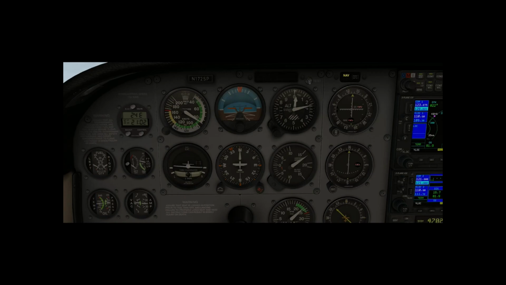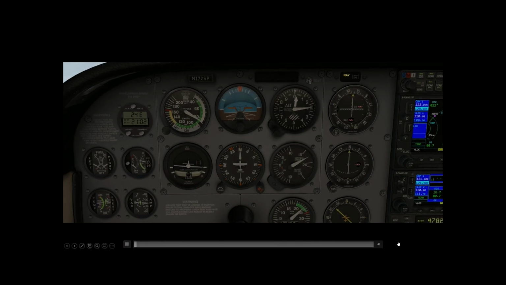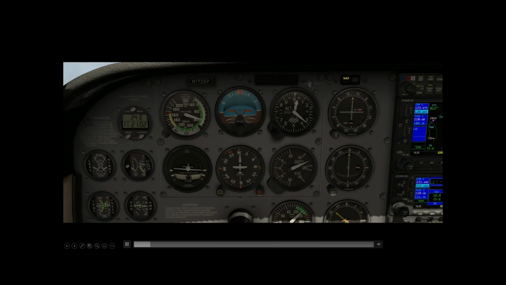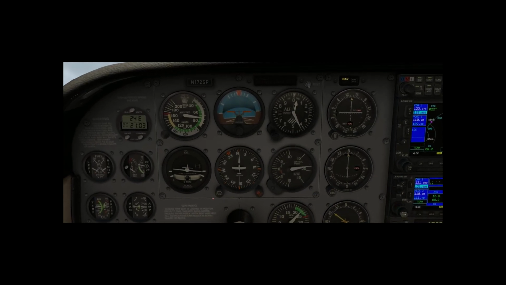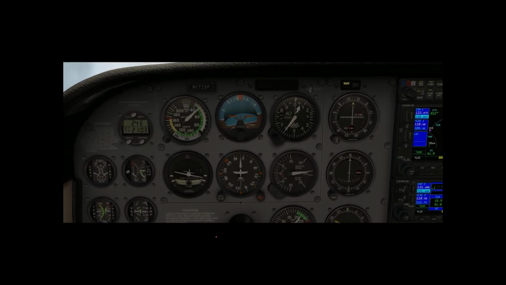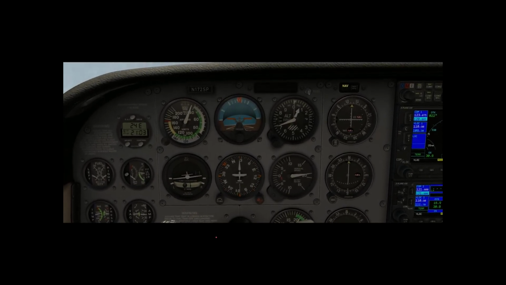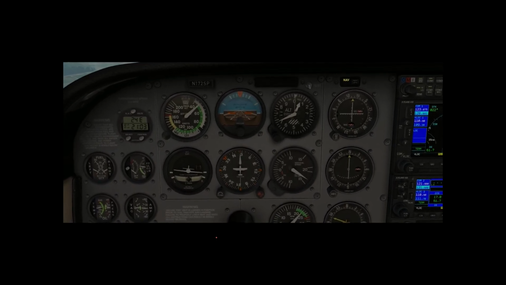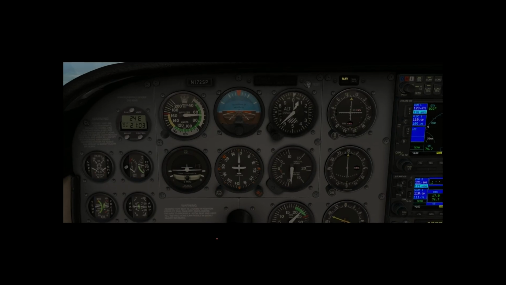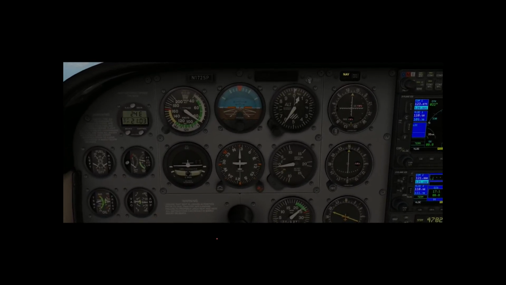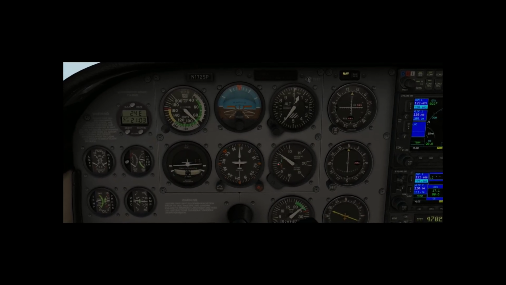Let's take some time now to practice interpreting our instruments. Looks like we're in a nose high attitude. There's a stall. Nose low attitude. Airspeed's increasing. Our vertical speed is going up.